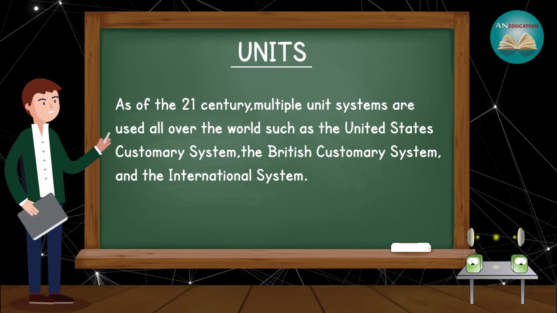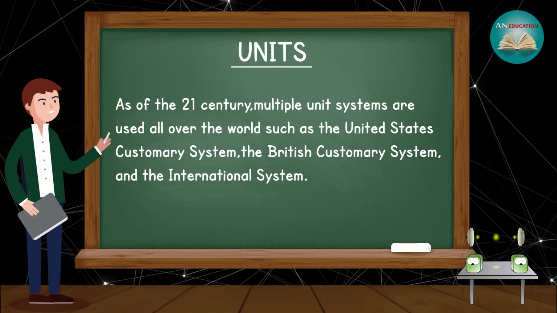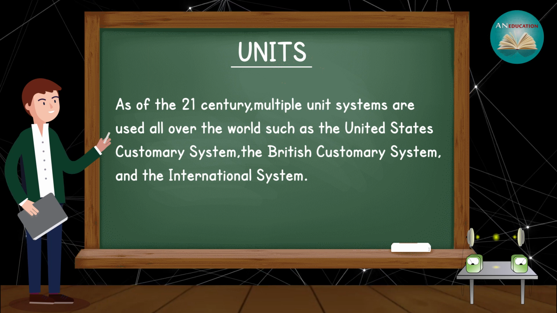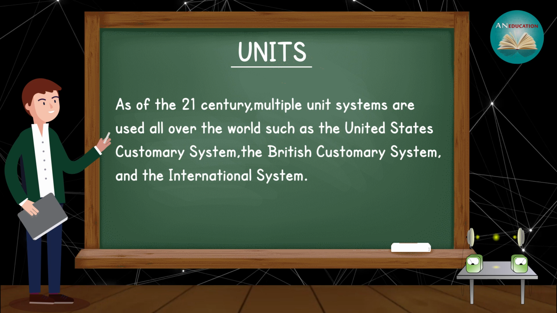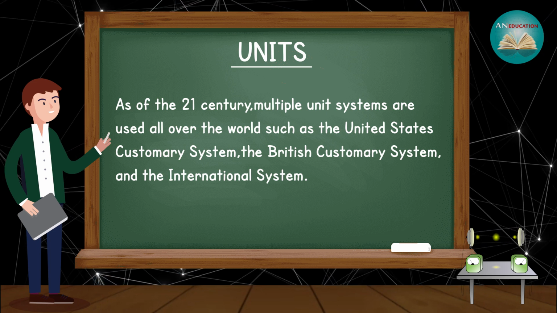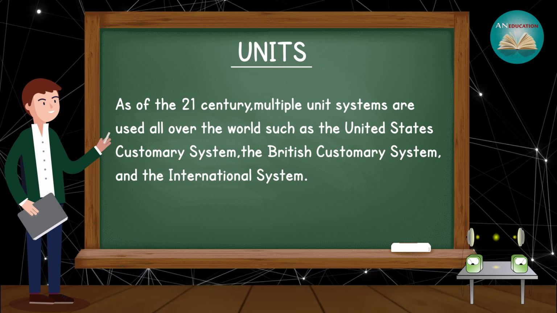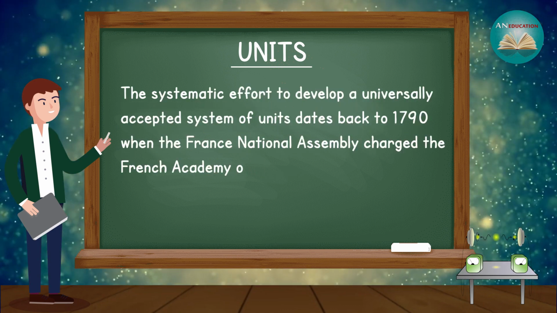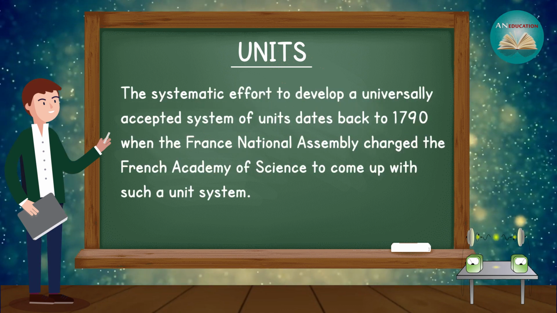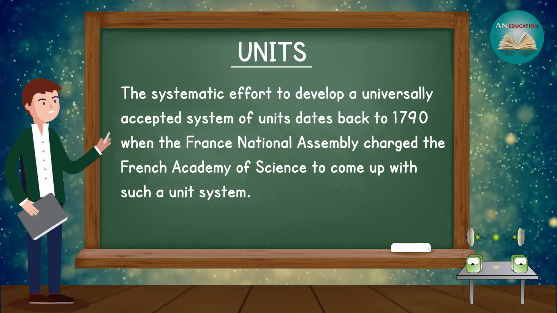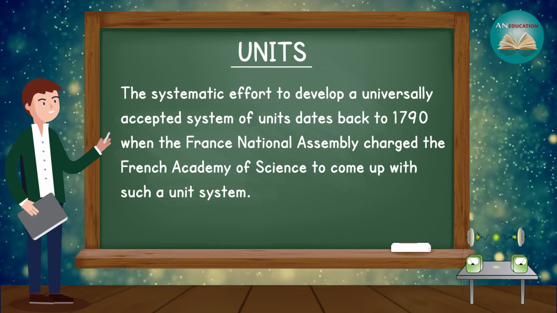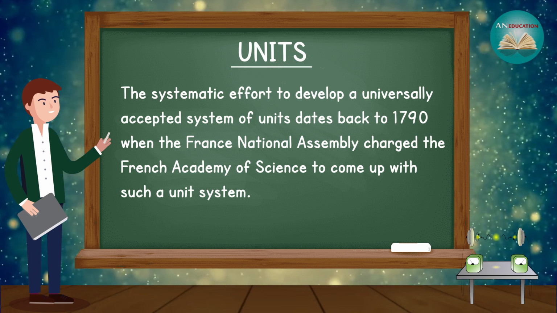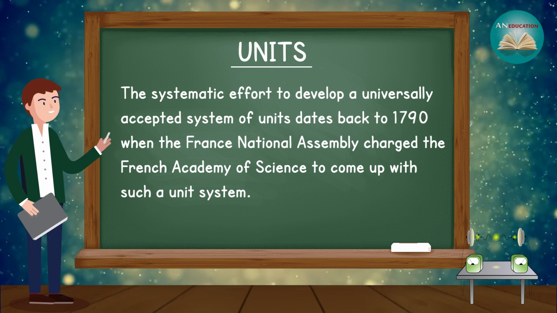However, the United States is the only industrialized country that has not yet completely converted to the metric system, that is, the international system. The systematic effort to develop a universally accepted system of units dates back to 1790, when the French National Assembly charged the French Academy of Science to come up with such a unit system.